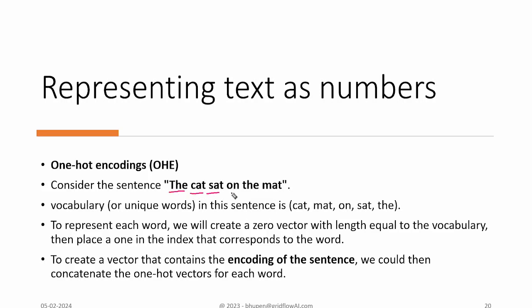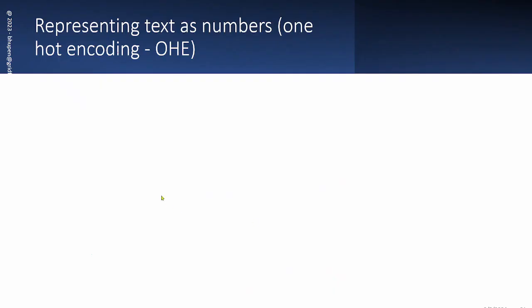For each one of the words we will prepare a one-hot encoding, and then for the sentence we are going to just sum or aggregate all of the one-hot encoding vectors. So finally the encoding of the sentence is the concatenation of each of the one-hot vectors for the words.